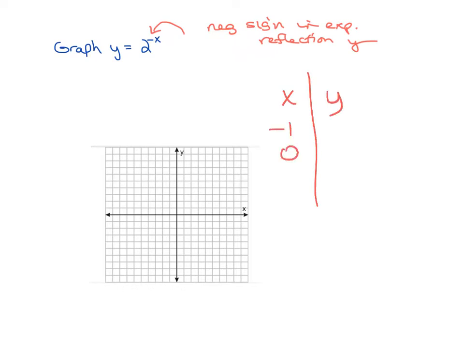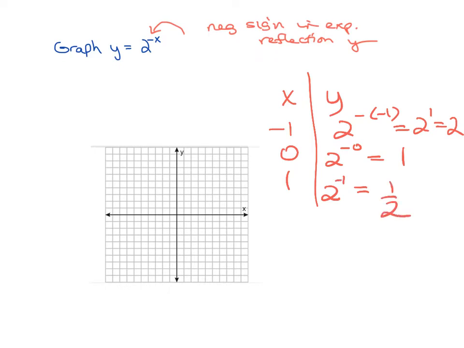Let's plug in -1, 0, and 1. 2 to the -1, and this becomes 2 to the first, which is 2. 2 to the -0, there isn't anything as a -0, so it's just 2 to the 0 power, which is 1. 2 to the first power, and I got a negative sign there, and this becomes 1/2.